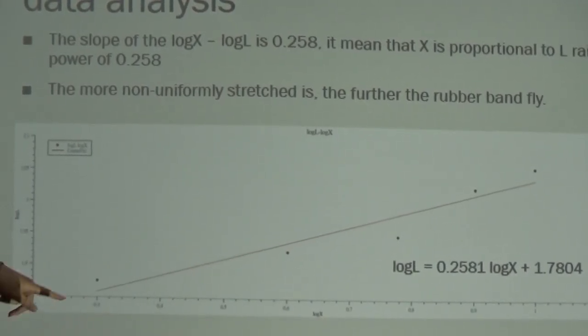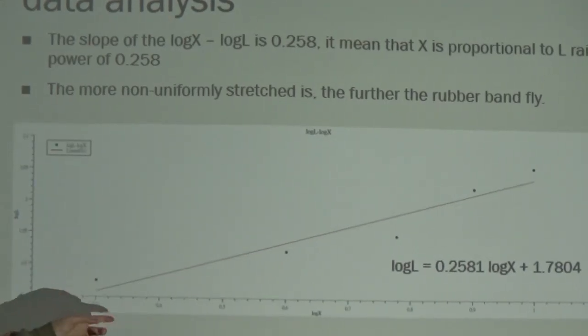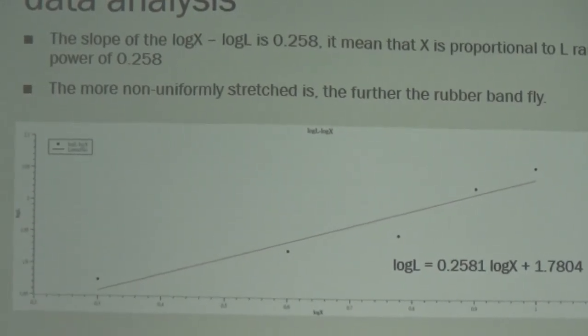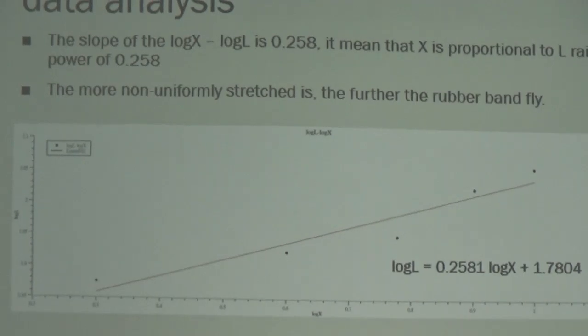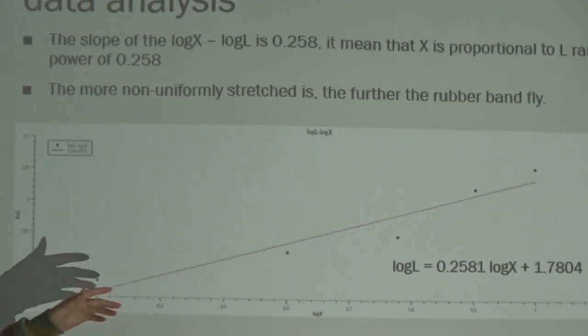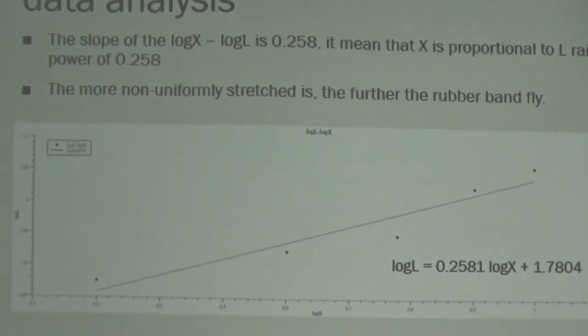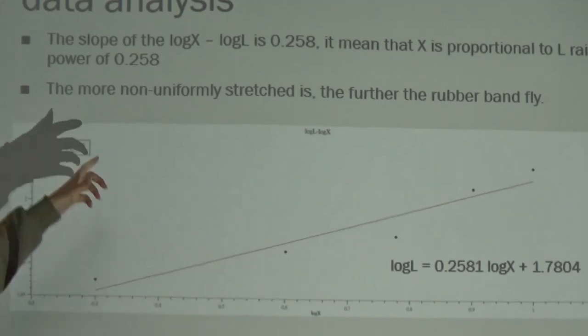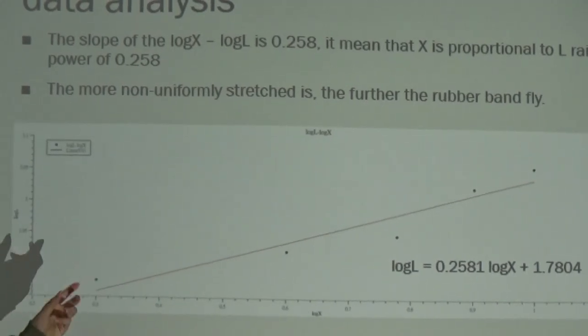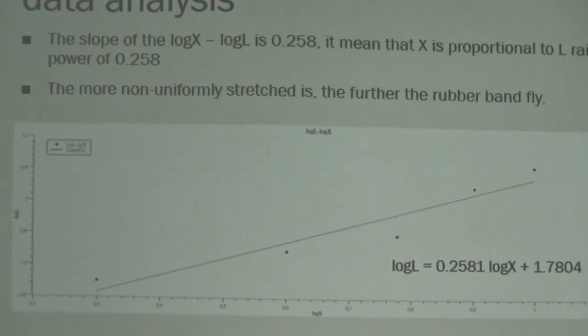And we take the log, and we can find that the slope is 0.258, so the more non-uniformly stuck it is, the further the rubber band flies.